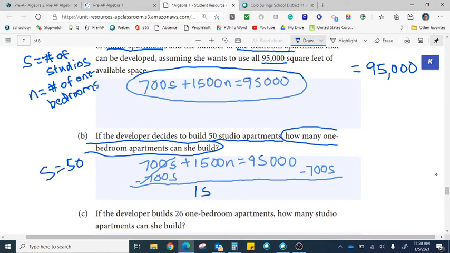So I get 1,500 N equals 95,000 minus 700 S. Okay, now if I want to solve for just n, get n by itself, I can divide by 1,500.